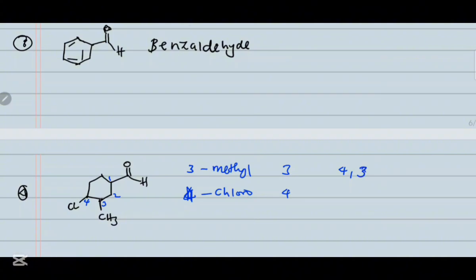Let's go to another direction, counting. So it's 1, 2, 3, 4, 5. Which means we have 4 chloro, 5 methyl. So it's 4 comma 5. We would rather go with the first one instead of this one, because the number 5 is larger than 3.